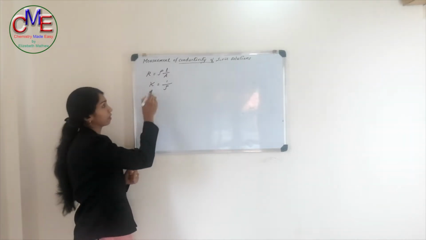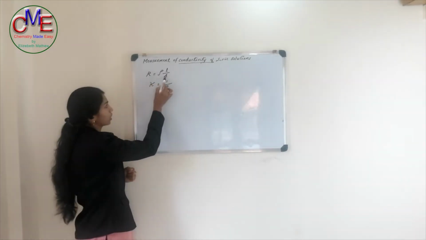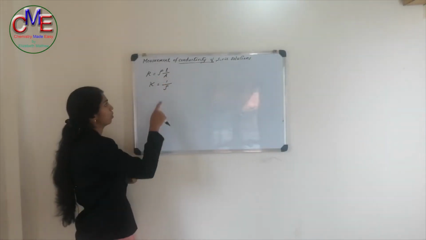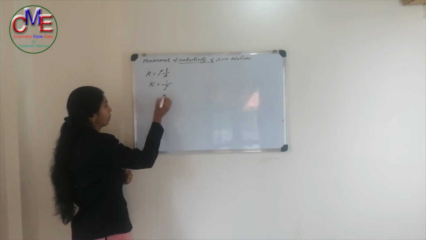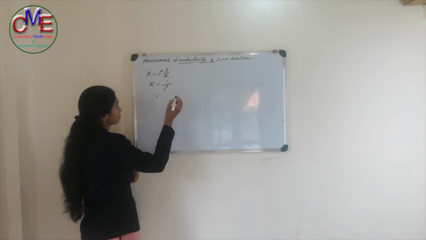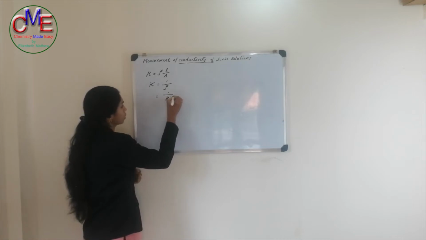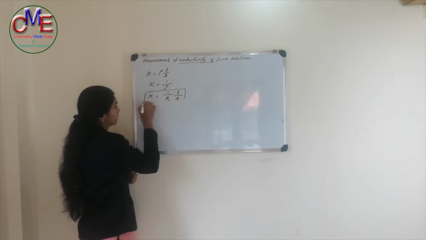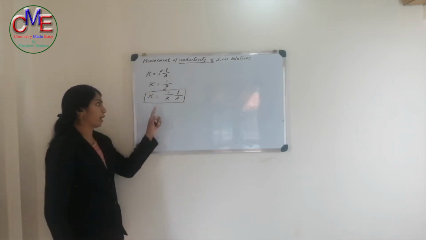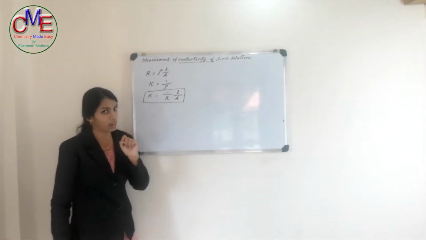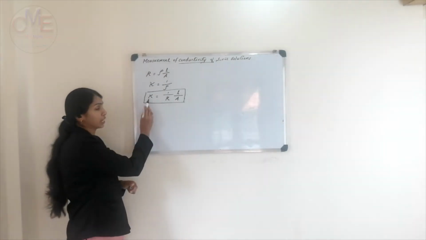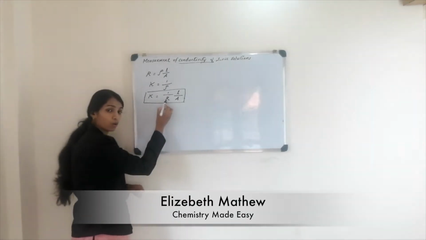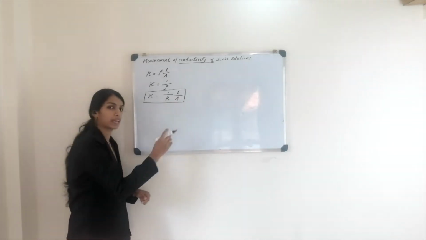From this expression we can write rho is equal to R into A all divided by L. So from the above expression we can write kappa is equal to 1 by R into L by A. So conductivity kappa can be calculated by using the equation kappa is equal to 1 by R into L by A. So for measuring the conductivity of a solution, we have to measure the resistance R of that solution and also L by A.